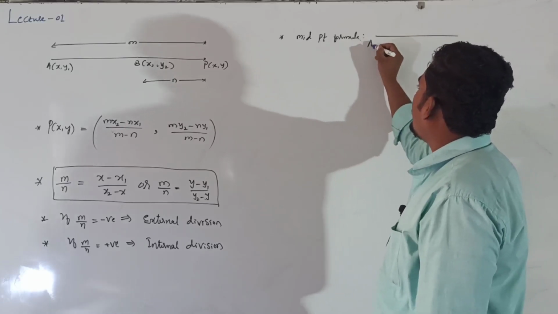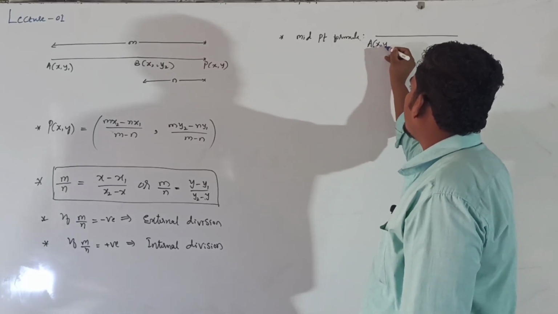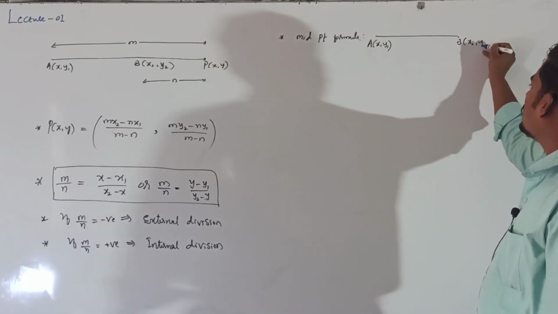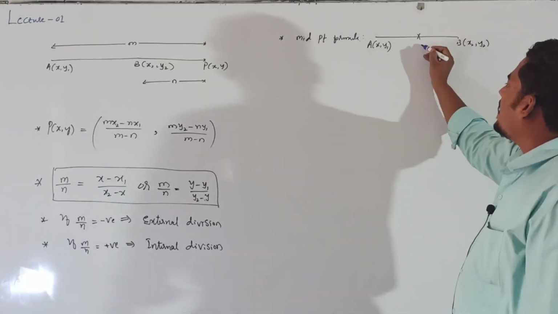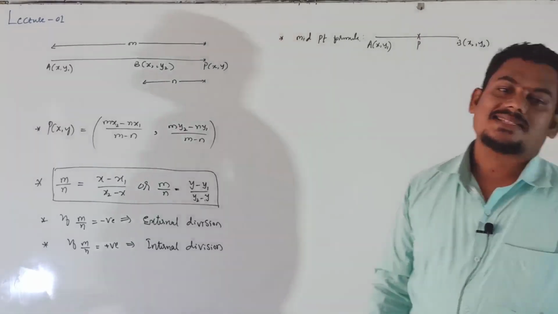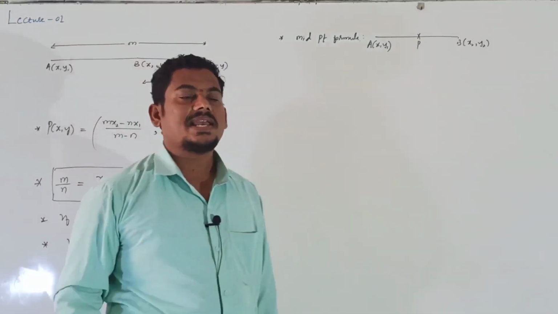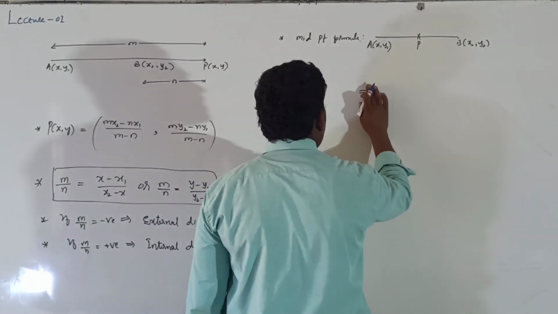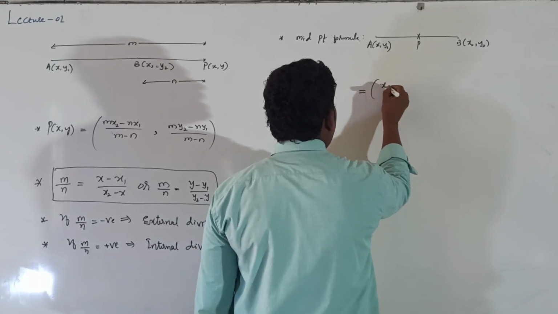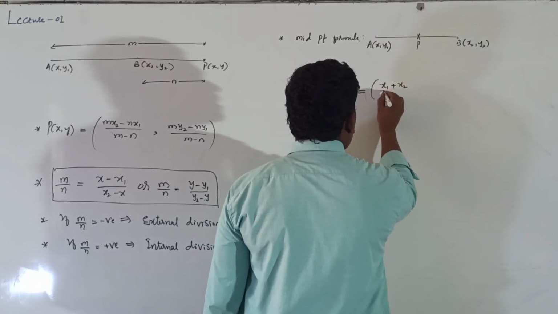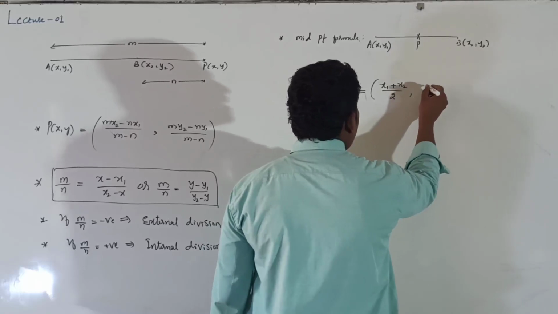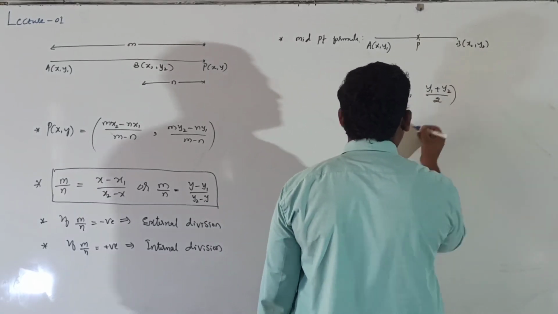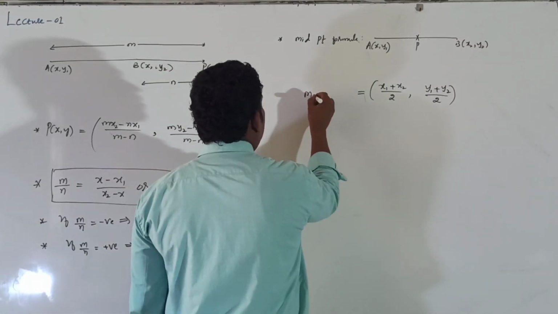Midpoint of the line joining 2 points (x1, y1) and (x2, y2): whenever point P lies exactly in between AB, P is the midpoint of AB. What is the midpoint formula? ((x1 plus x2) divided by 2, (y1 plus y2) divided by 2).